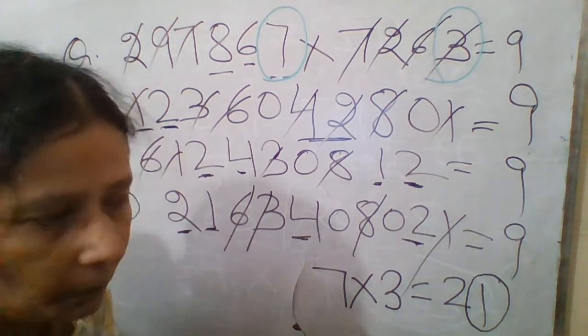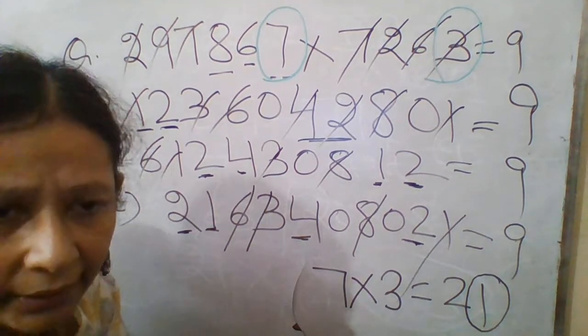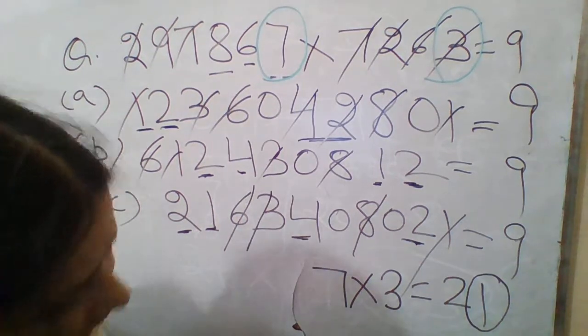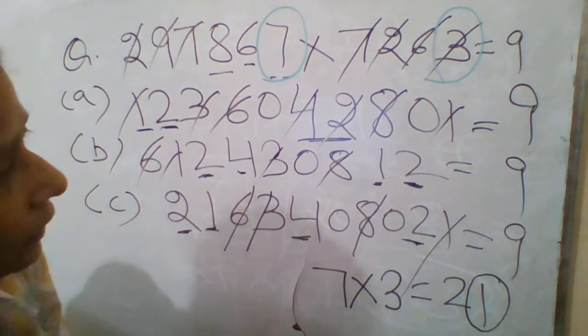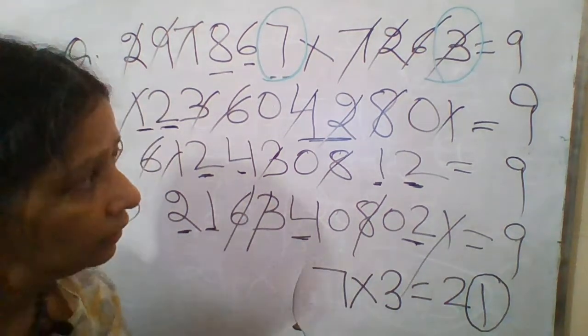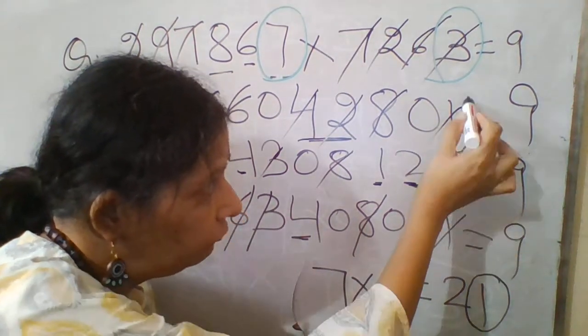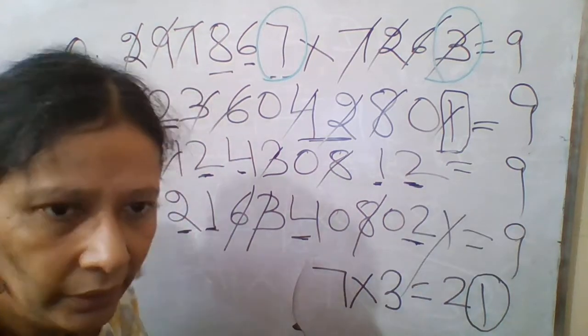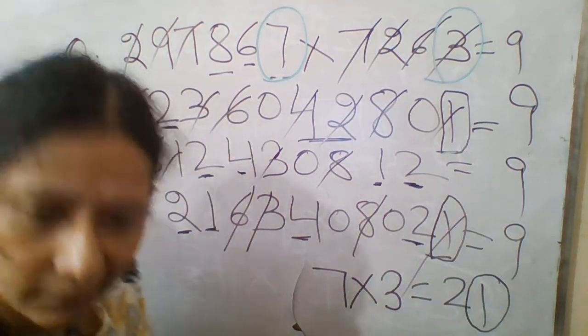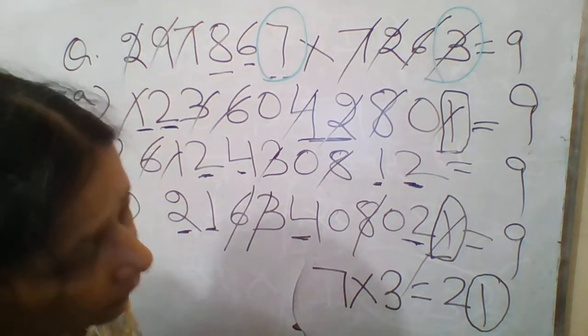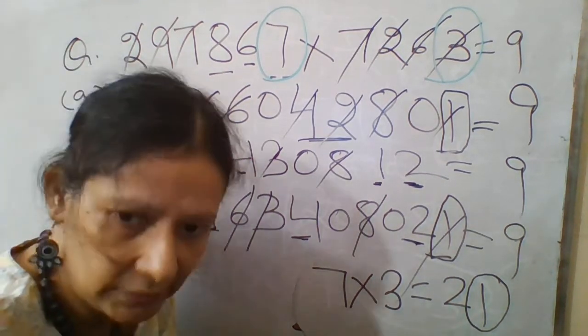And what is that problem? Digital root is already 9. You check the unit digit. Unit digit is also the same. You are in a problematic situation. See, this is a big problem for you now. This is 1, and here also you got 1. This is something different. All the digital roots are the same.